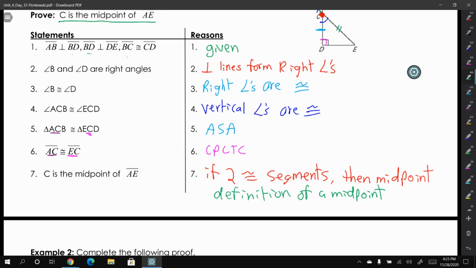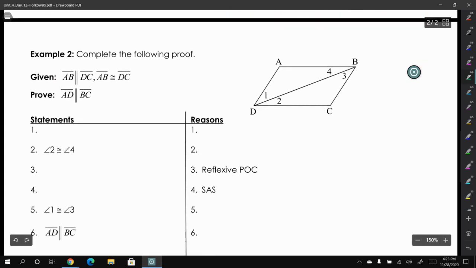So now let's look at example number 2. We have some given information. We have AB is parallel to DC, and AB is congruent to DC.